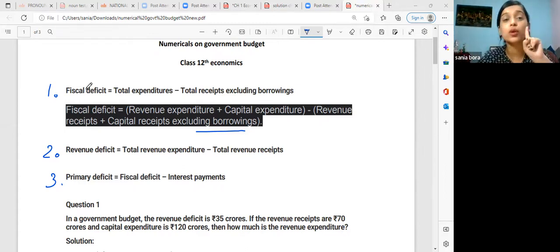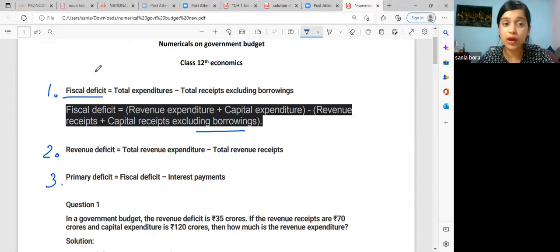Clear? And there was only one different situation which I told you: somewhere in fiscal deficit, for example, revenue expenditure is given but capital expenditure is not given, and other entries are given. In that case one entry is missing. If for fiscal deficit any value is not given, you are not going to take it as 0; in that case your fiscal deficit is going to be equal to your borrowing.